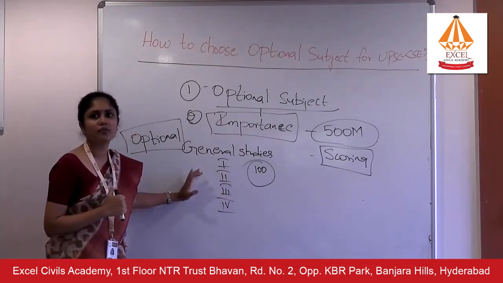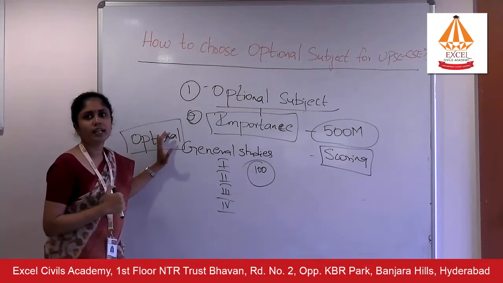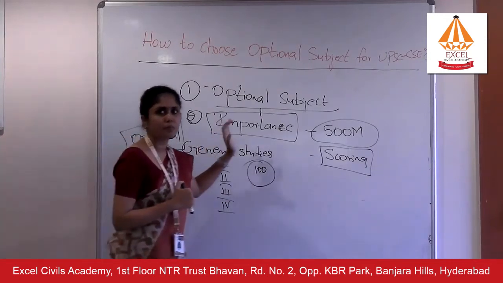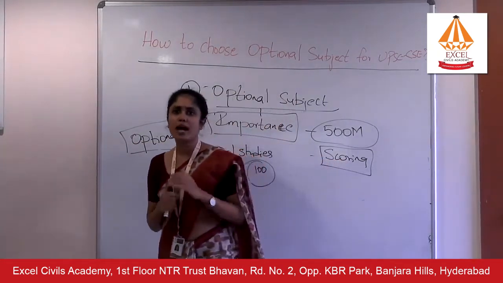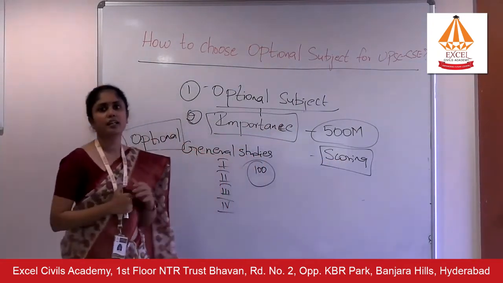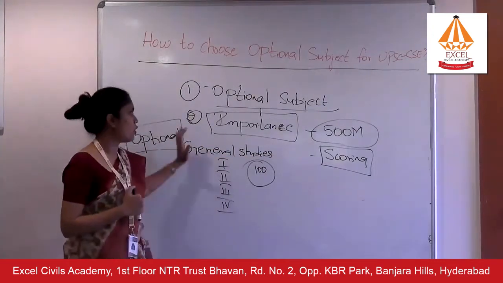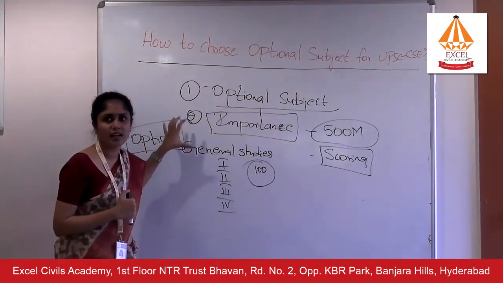And if you are someone who can get around 300 or 280 marks in your optional subject, then you have a very high chance of clearing your mains examination as well as getting a good rank in the final list. Okay, so optional subjects are very important because they are highly scoring.